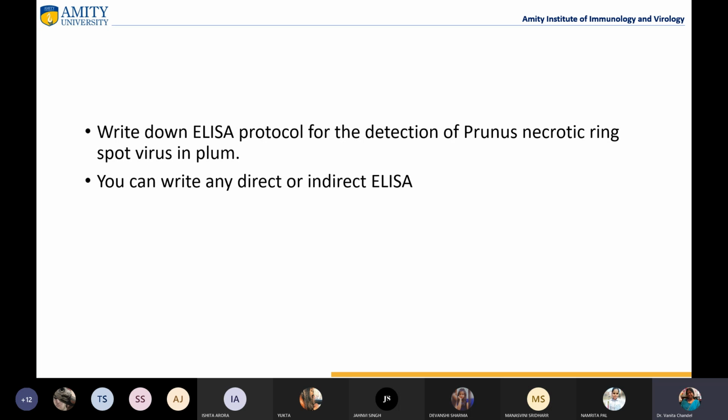I've written Prunus necrotic ring spot virus, but you can select any virus of your own choice and then write a protocol according to that, right? I've already mentioned the protocol. Is it clear? Yes, ma'am.